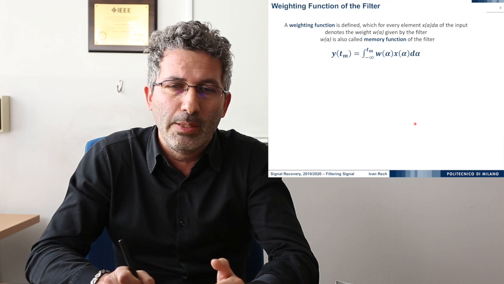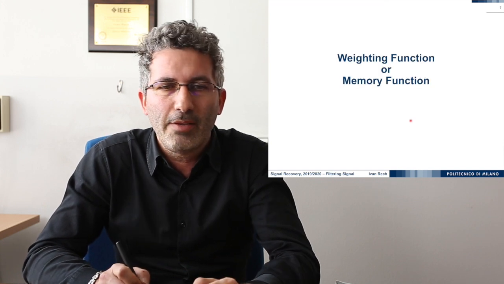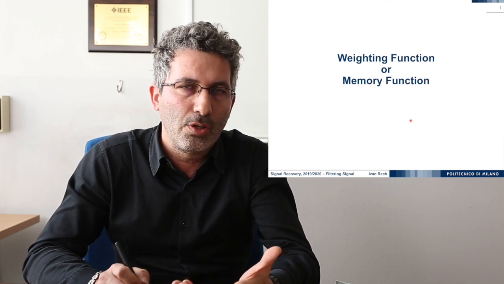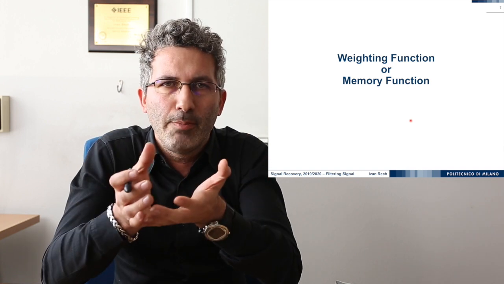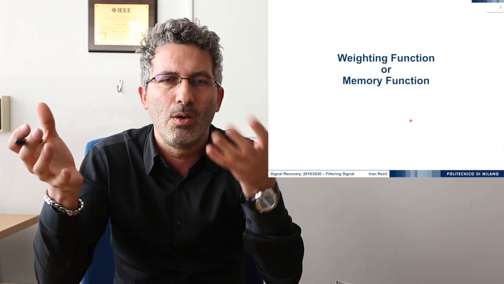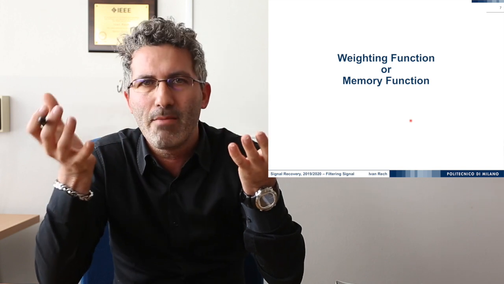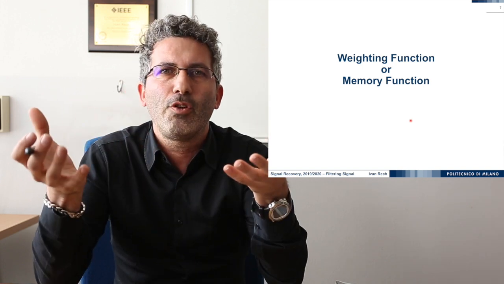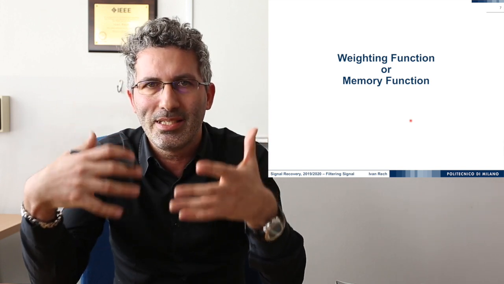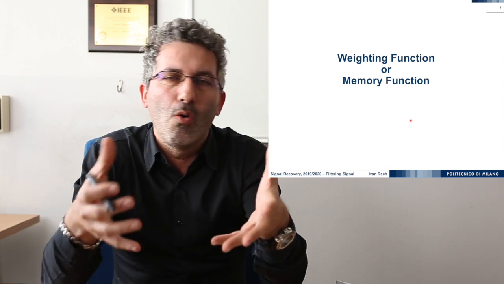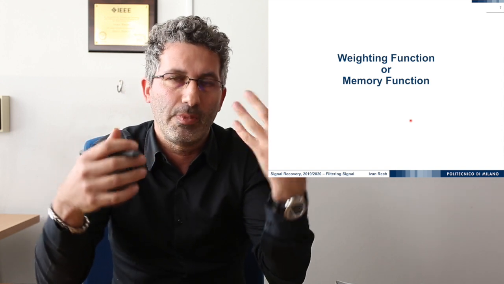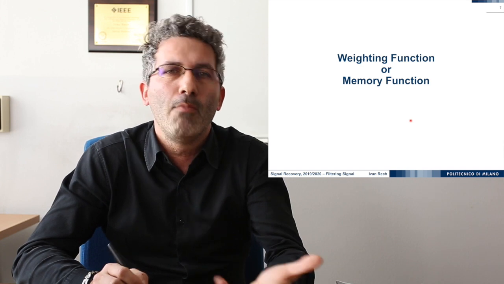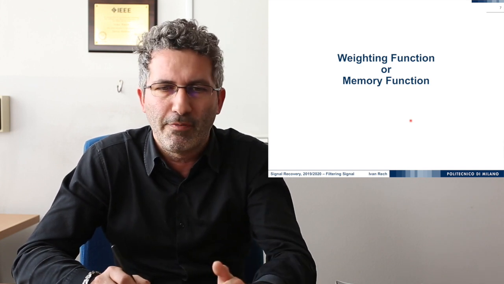By the way, we also call the weighting function the memory function. Why? Both names give us information on how the system weighs or remembers the past. This is the reason we call it weighting function or memory function.